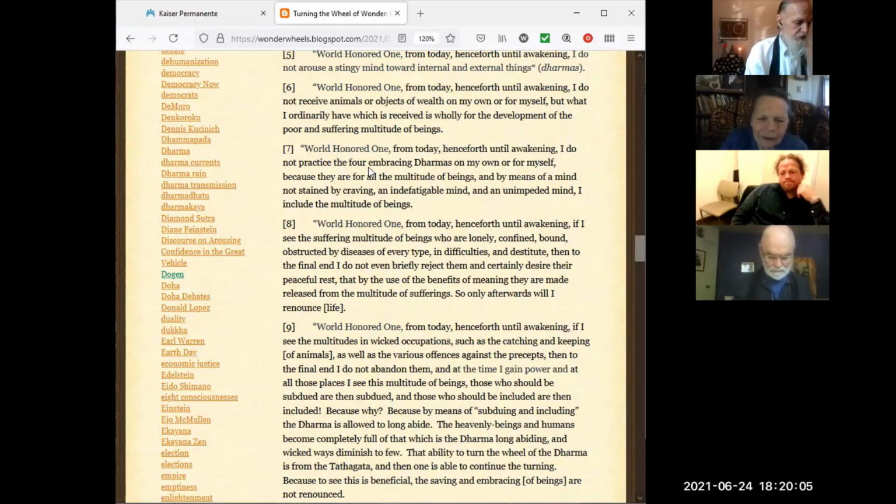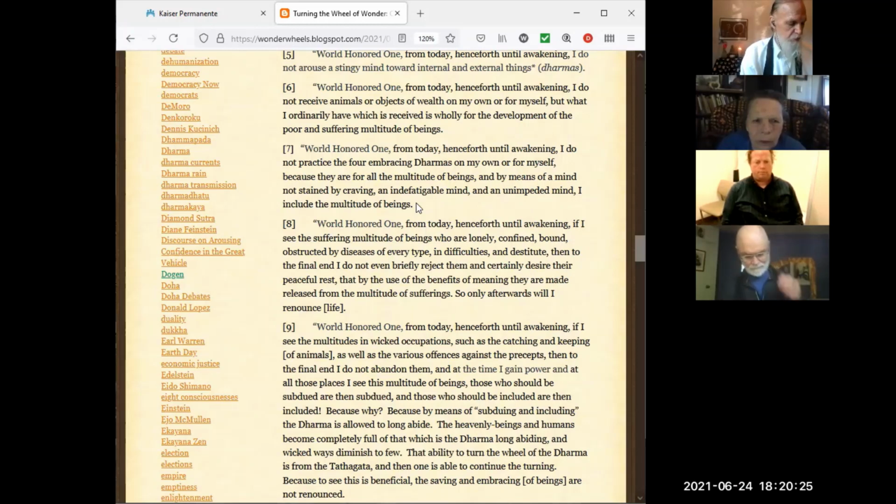The poor and friendless. It doesn't seem to be from the Ratnakuta, because Chang's Bodhiruchi translation also has poor and suffering. So the change of suffering to friendless is something unique to the Tibetan translation.